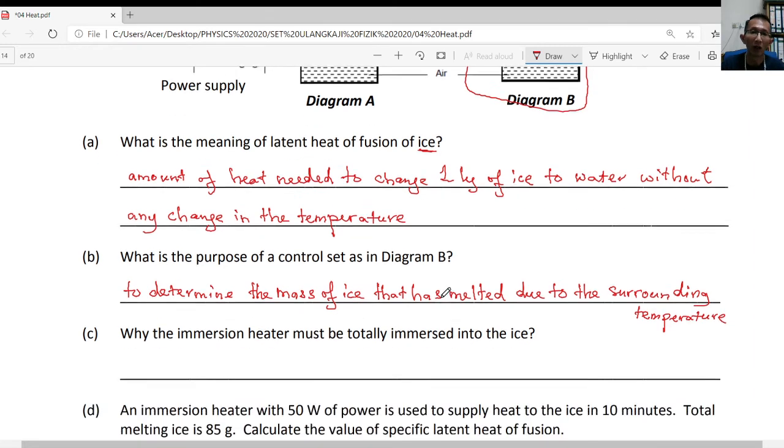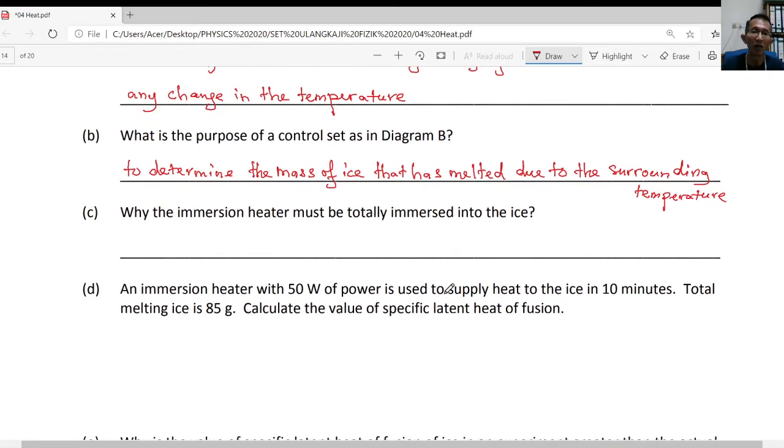Okay, and then next one, why the immersion heater must be totally immersed into the ice?